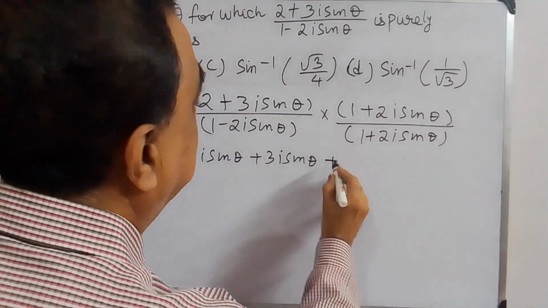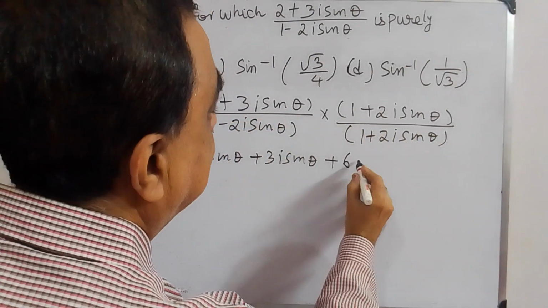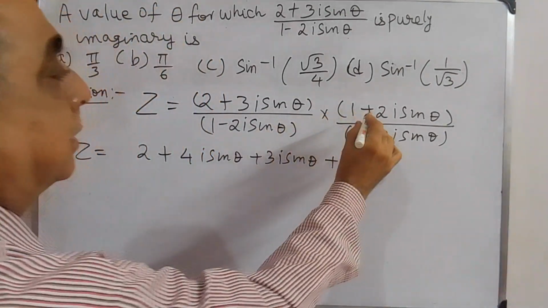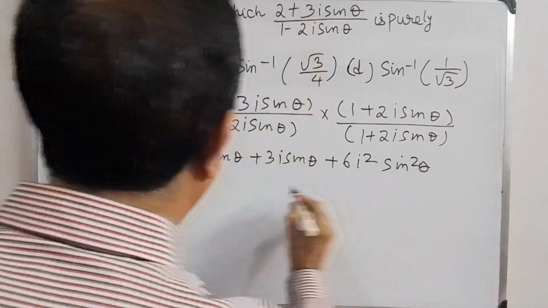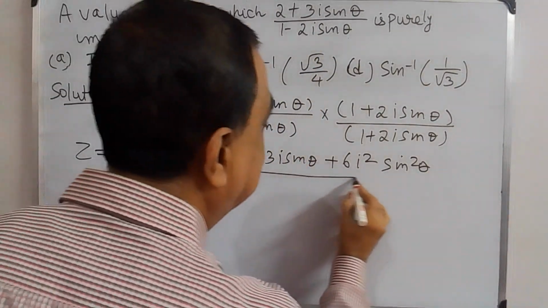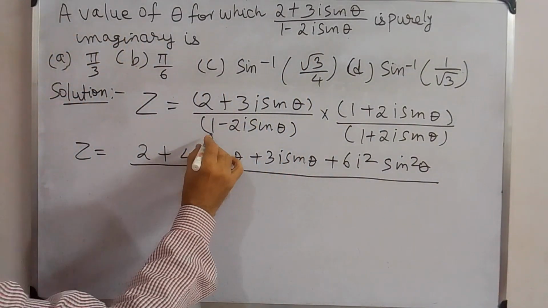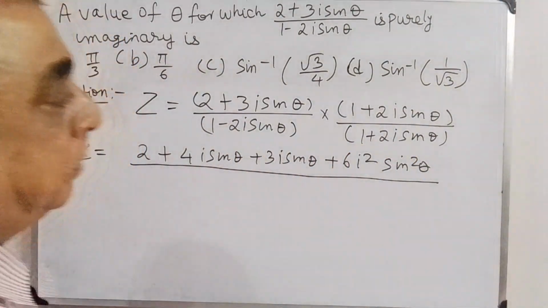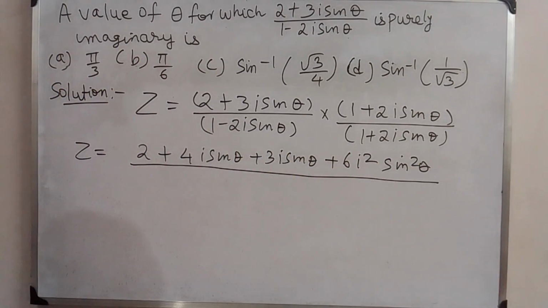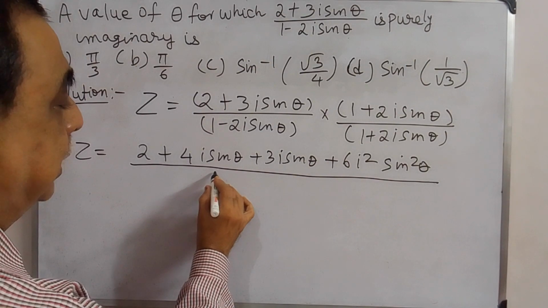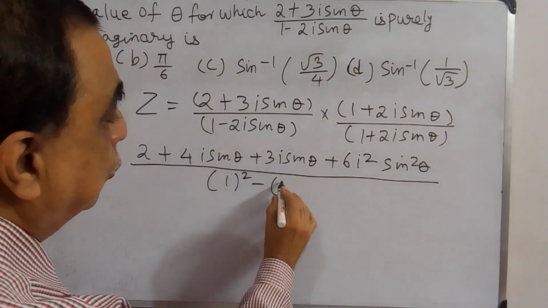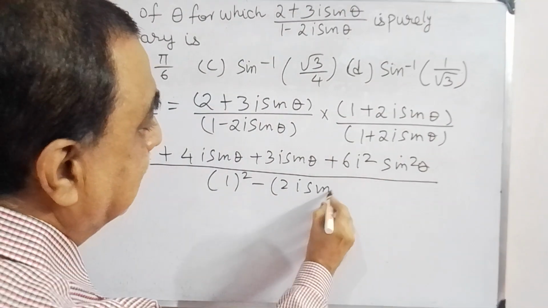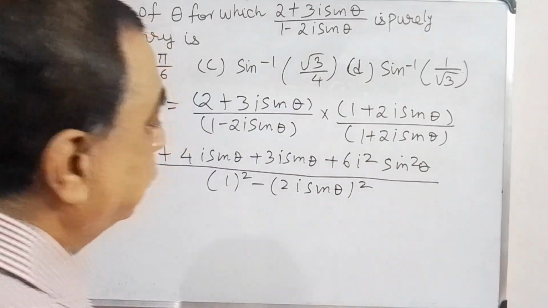Plus into plus is plus, 3 into 2 is 6, i squared sin theta into sin theta is sin squared theta, whole divided by. Here a minus b into a plus b formula we will use. It will become a squared minus b squared, that is 1 squared minus (2i sin theta) whole squared.